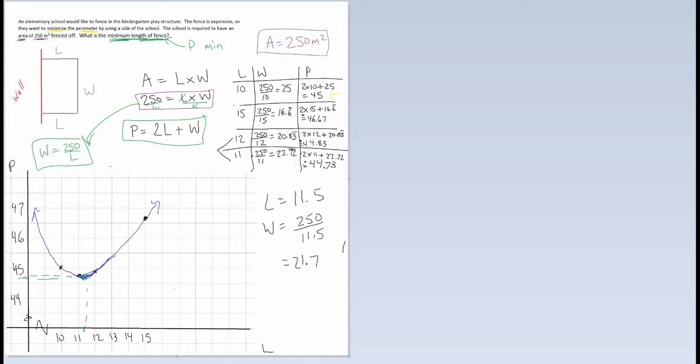Okay. And it was really close also. This one here, the 11 and the 22, 23 was pretty close, and this one's pretty close.